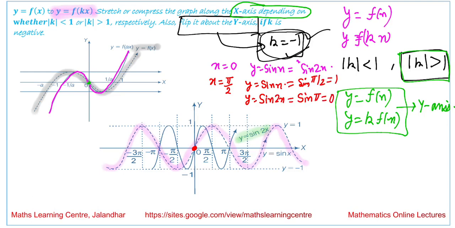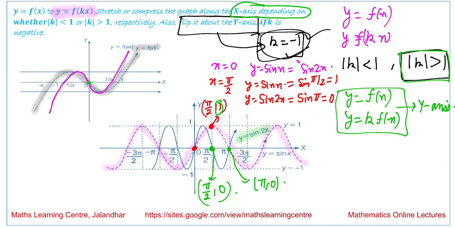So earlier at the point pi by 2 the answer was 1. Now at the point pi by 2, the answer is 0. Earlier the answer was becoming 0 corresponding to the point pi.